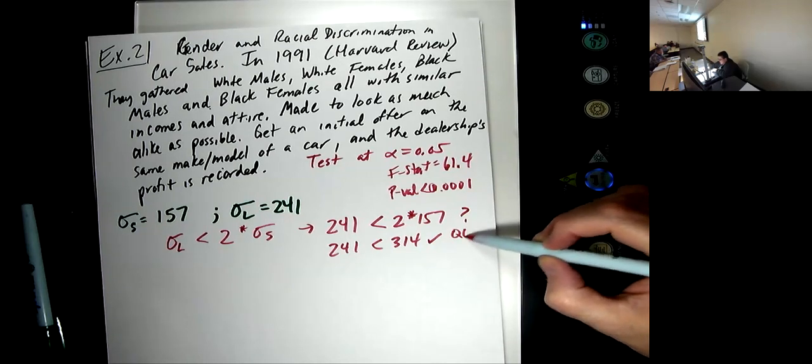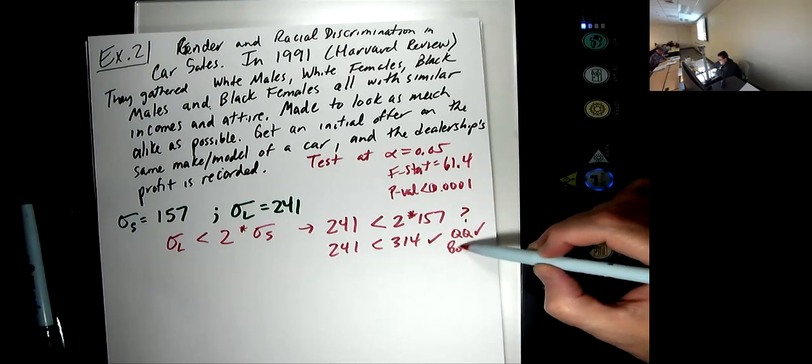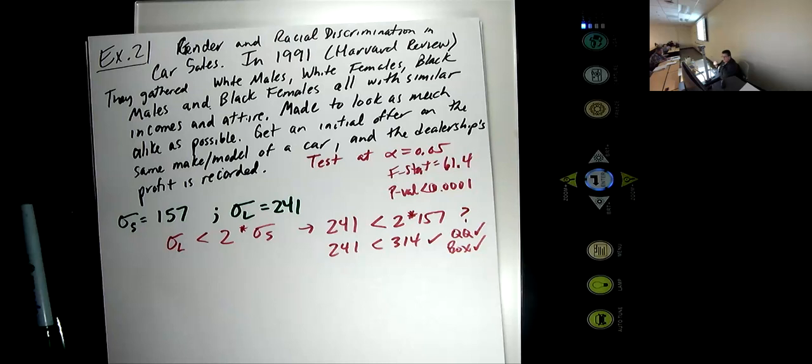We saw the QQ plot look good and the box plot look good. If they tell us it's normally distributed, we're good to go. We don't even need to do any of that. But you do still want to check at least the variances.